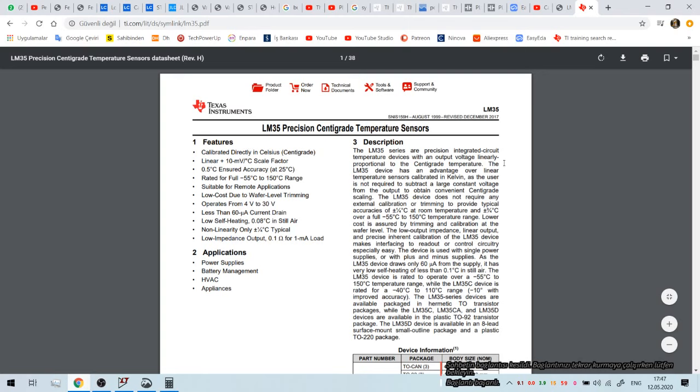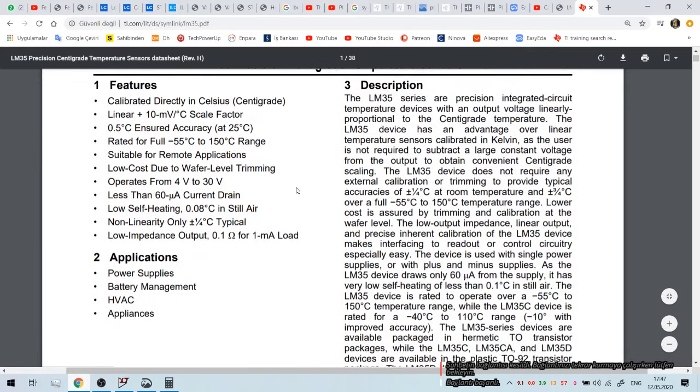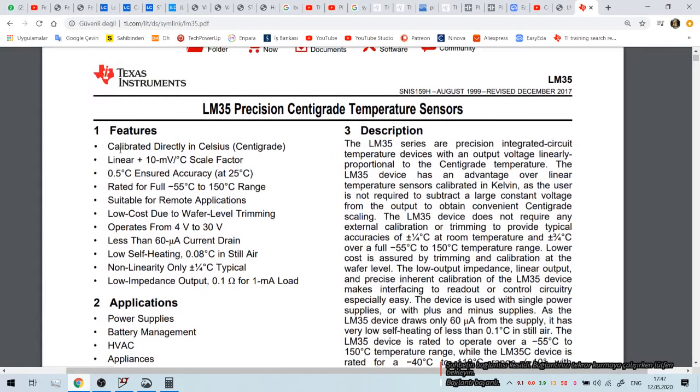Maybe you can use another, not important. What does this temperature sensor give us? Calibrated directly in Celsius, linear 10 mV per centigrade degree scale factor, 0.5 centigrade degree ensured accuracy at 25 centigrade degree. You can see it is very great for us.